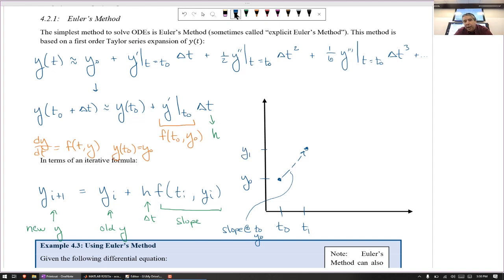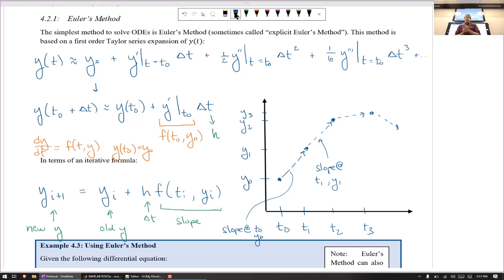Now that I have my y1, I can look at my differential equation again and calculate the next slope. Which, again, if I step forward in time, will then give me my y2. I can keep doing this on and on again to get my value of y3, etc., until as far as I want to go, right?